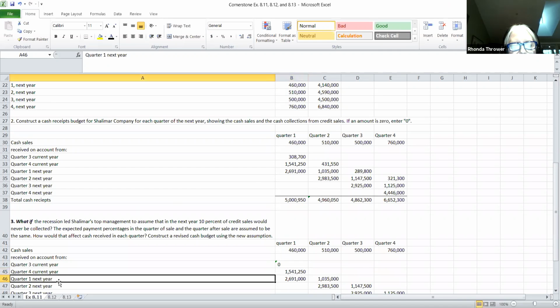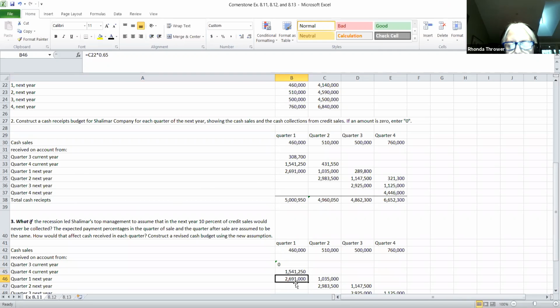So of the quarter one sales on credit, which would be these right here, we would collect 65% of them in this quarter, which is how I got the 2,691,000. 65% of cell address C22 right here was collected in quarter one.